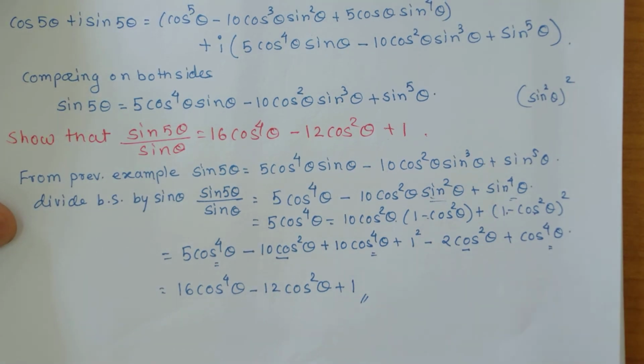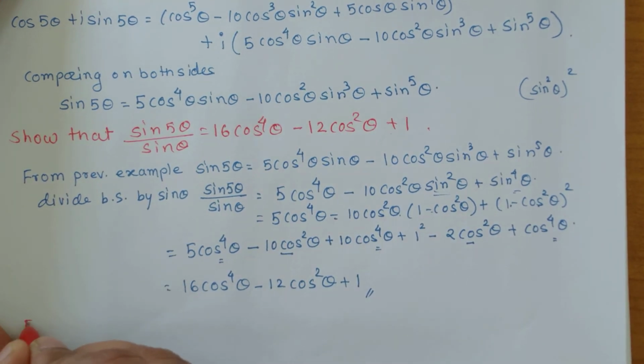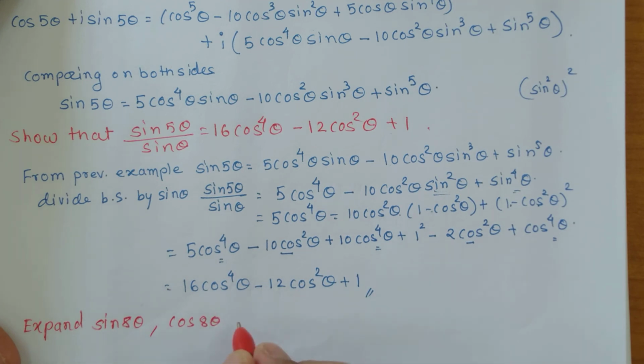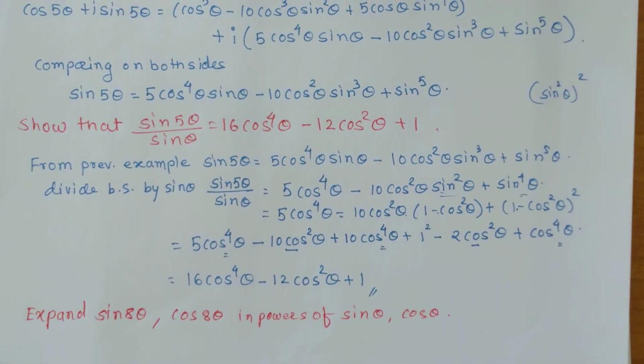I'll give you one simple example for practice. Expand sin 8 theta and cos 8 theta in powers of sin theta and cos theta. Okay, this topic is very interesting and important from your examination point of view.